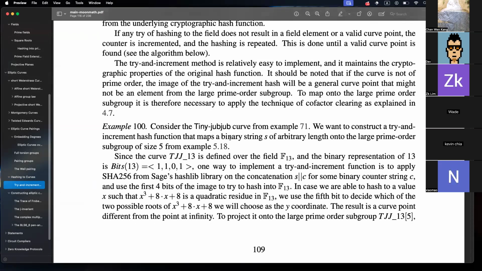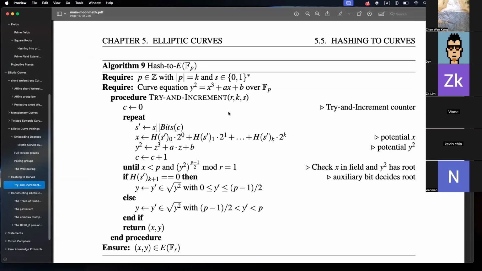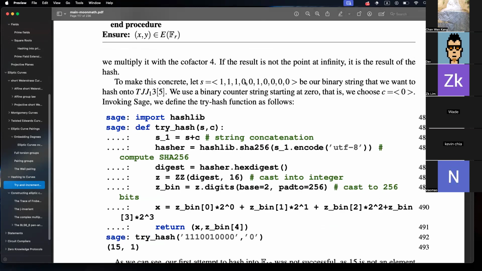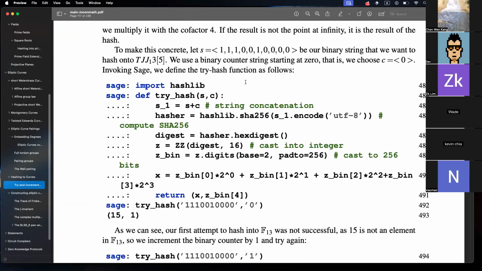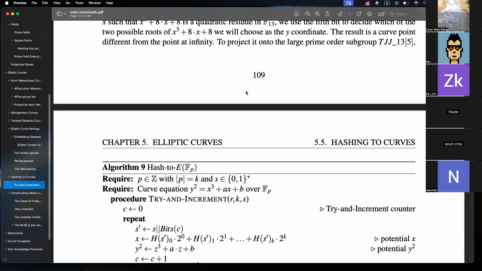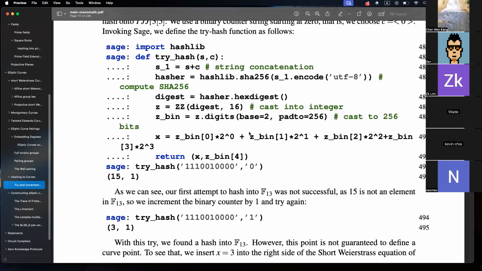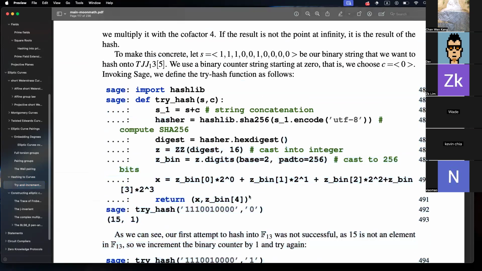Okay, try-and-increment again. If you can read Python code, this helps you understand a little bit more.